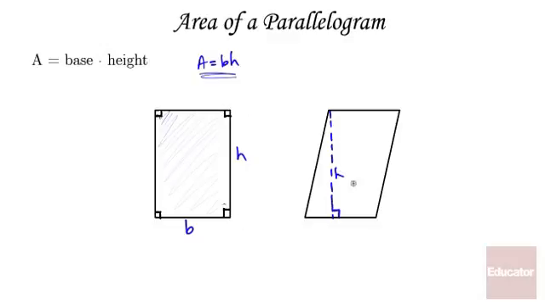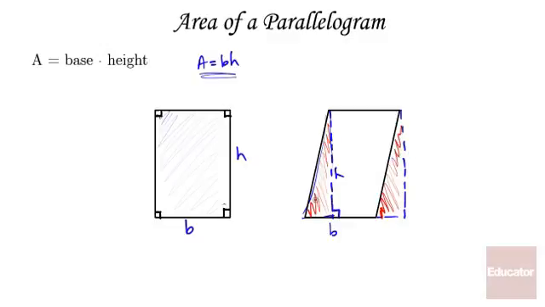So this is the height, and this whole thing is the base. Now, I'm going to cut this piece out, take it over to the side, and glue it over here.